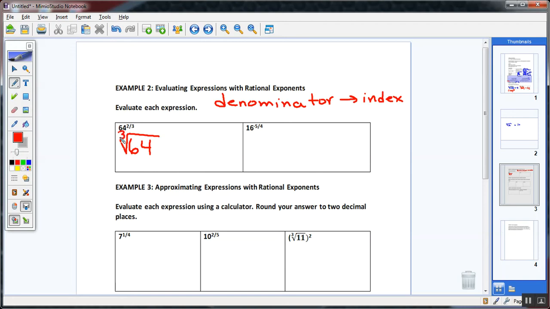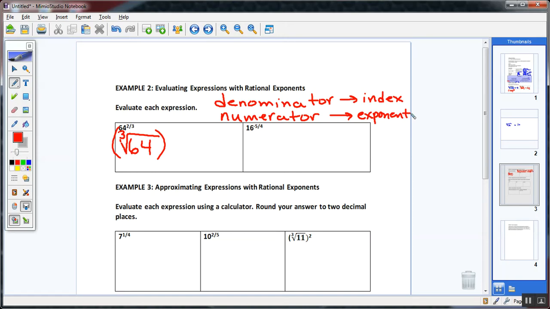So this is like which root of 64 first, kids? Third root of 64. Then what we could do is make the numerator the exponent.